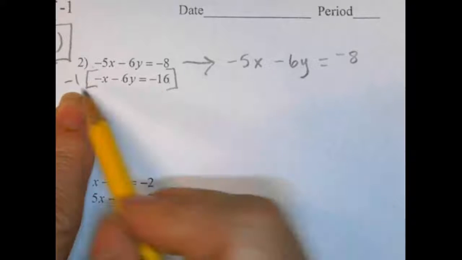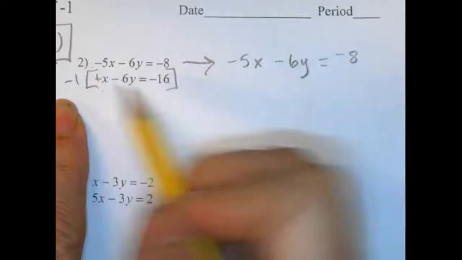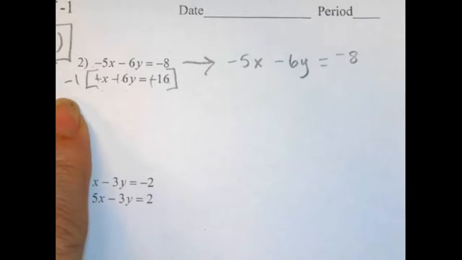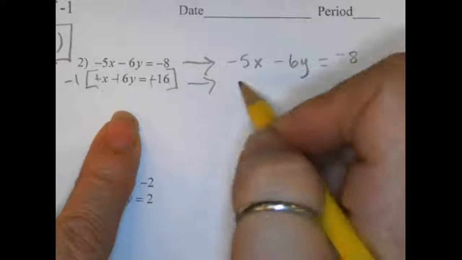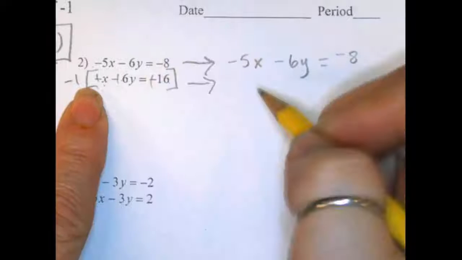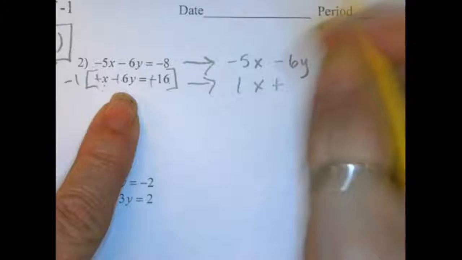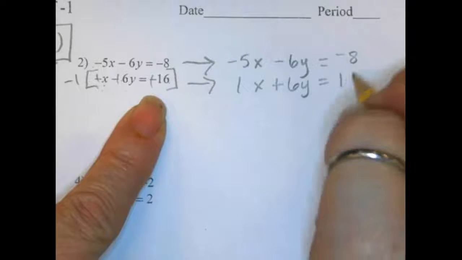Now, I know that multiplying by negative 1 is going to change the signs. Can I just do this really simple? Right, because that's really all I'm doing, is making them all positives. But I'm still going to go ahead and bring it over. So this is really a 1x, right? So 1x. And now it's a plus 6y is equal to a positive 16.